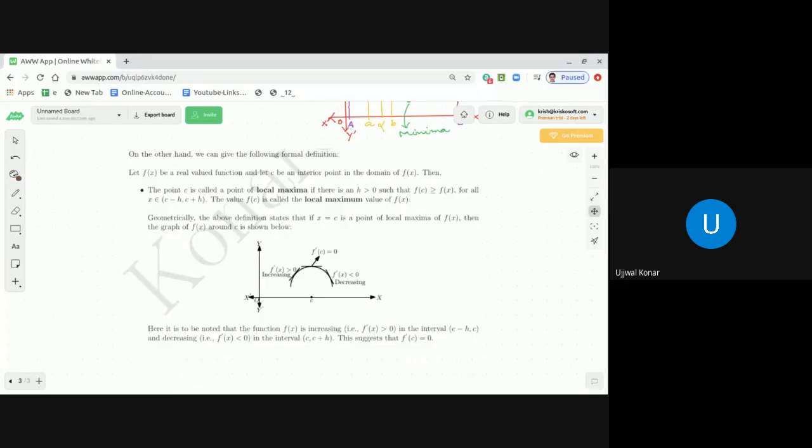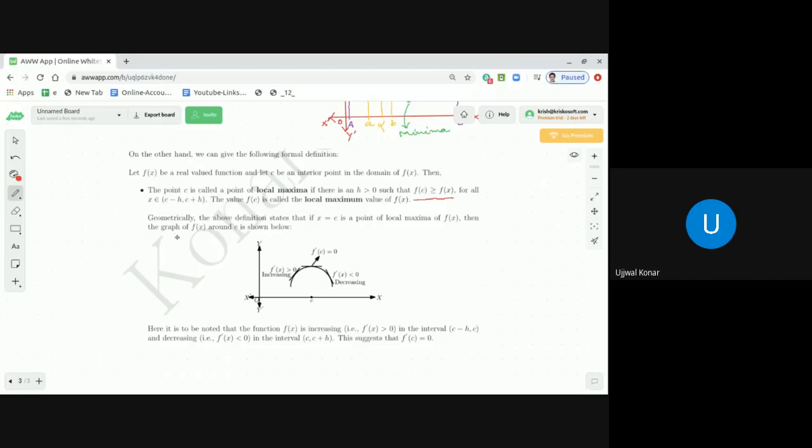Let f(x) be a real valued function and let C be an interior point in the domain of f(x). Then the point C is called a point of local maxima if there is an h greater than 0 such that f(c) ≥ f(x) for all x belonging to the open interval (c minus h, c plus h). The value f(c) is called the local maxima value of f(x).